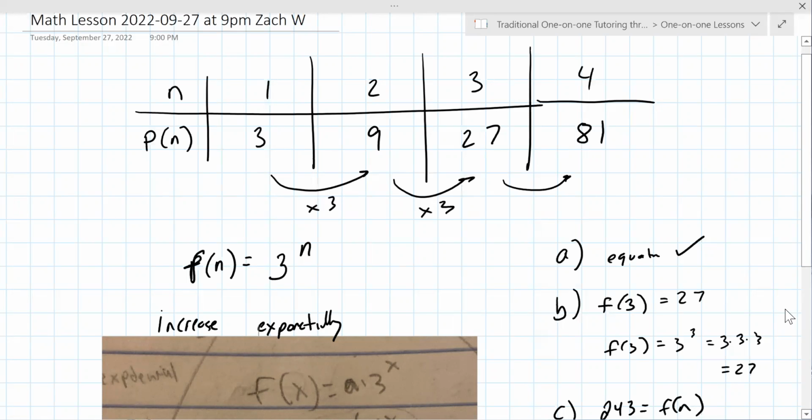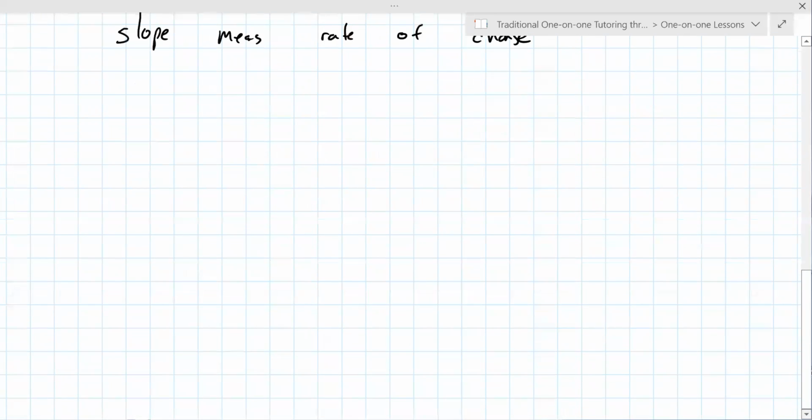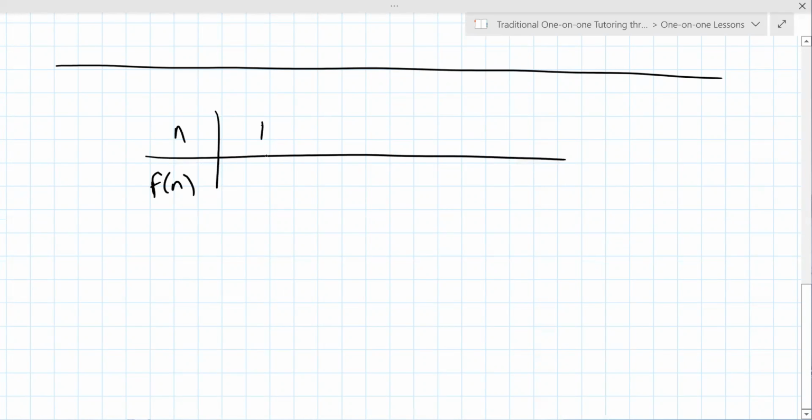Okay. Now you did get a problem on one of your sheets, so we should do one more of these. I'll show it here. It was like 1 was 2, 2 was 1, 3 was 1/2, and 4 was 1/4.